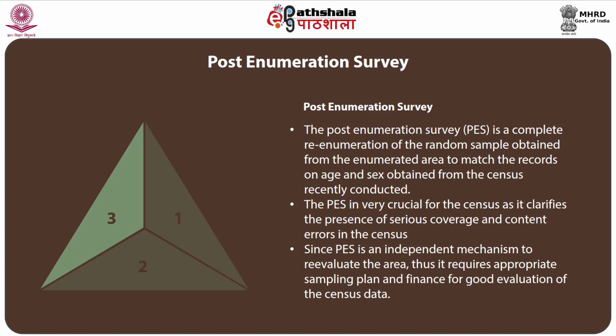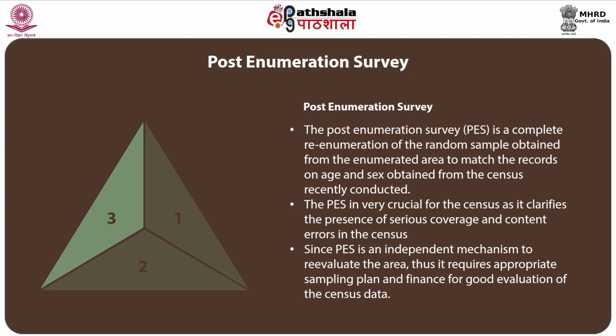The post-enumeration survey is very crucial for the census as it clarifies the presence of serious coverage and content errors in the census. Thus, various methods of adjustment for the age-sex data can be applied once errors are detected through the post-enumeration survey.